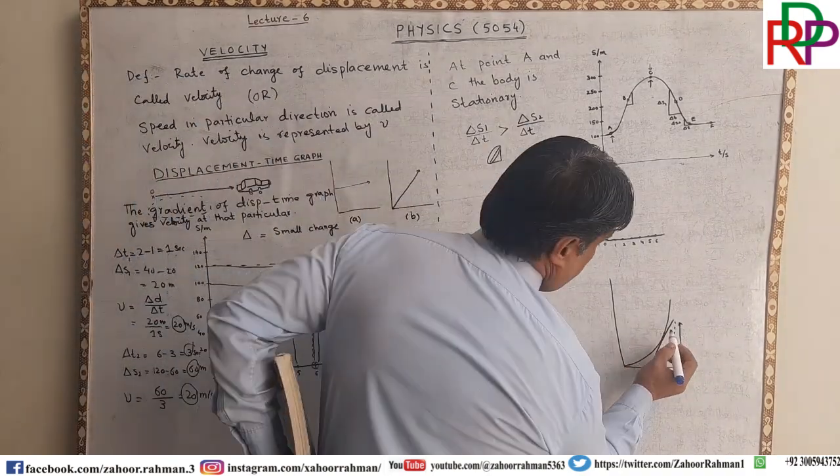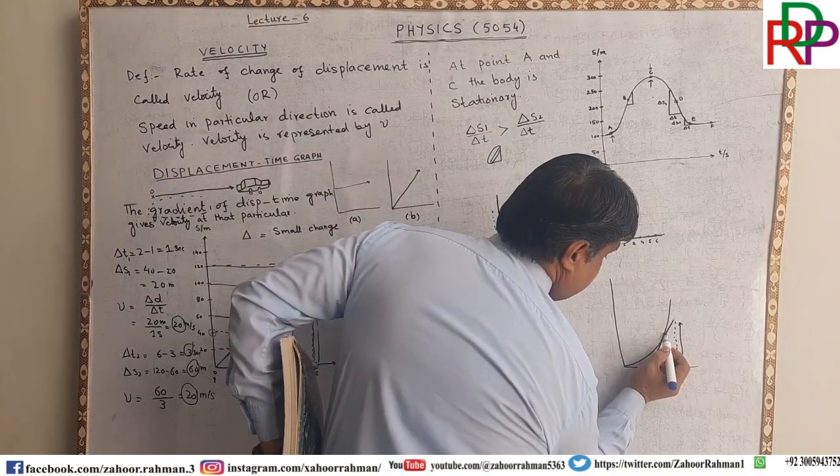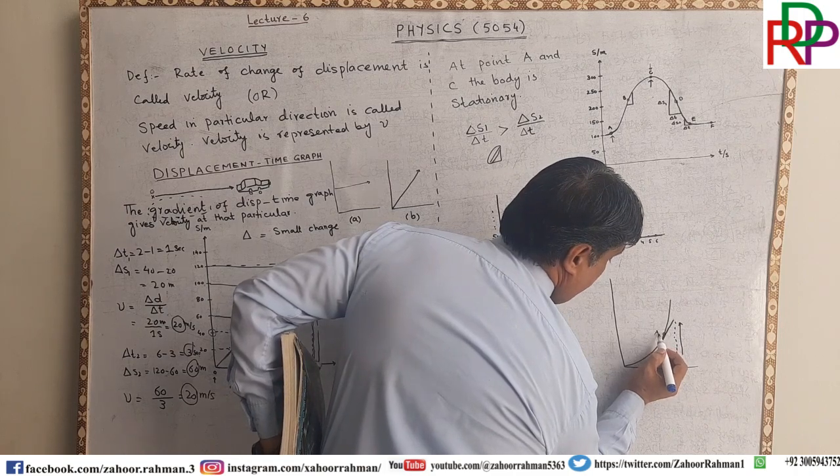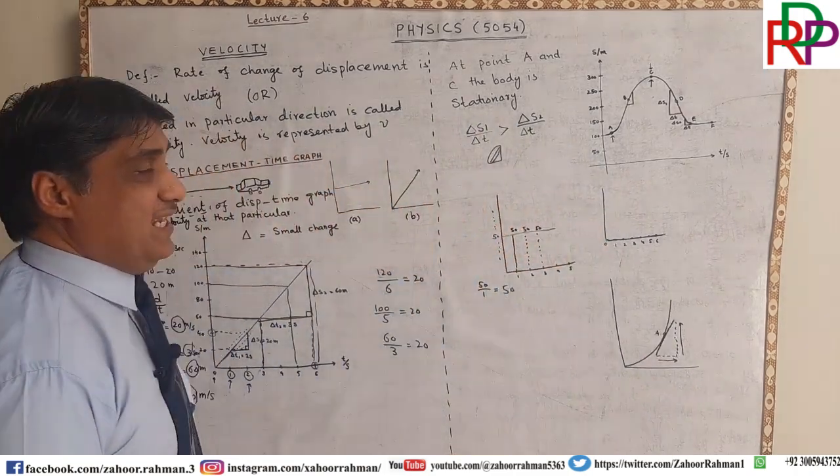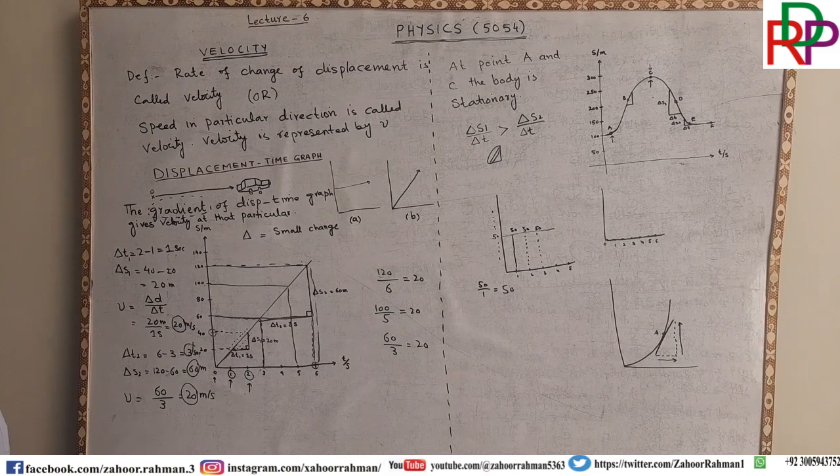So if we want to find the velocity at this particular point A, this is called instantaneous velocity or instantaneous speed, both the cases.